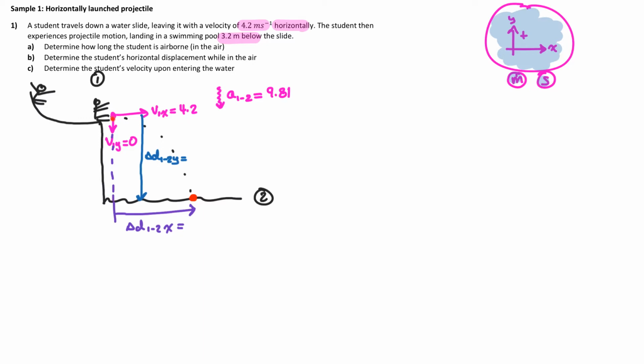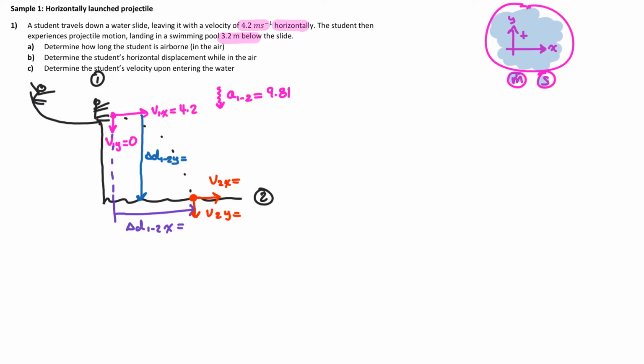So x, y. And the student also at this point is going to have a velocity in this direction, and they're going to have a velocity in this direction.